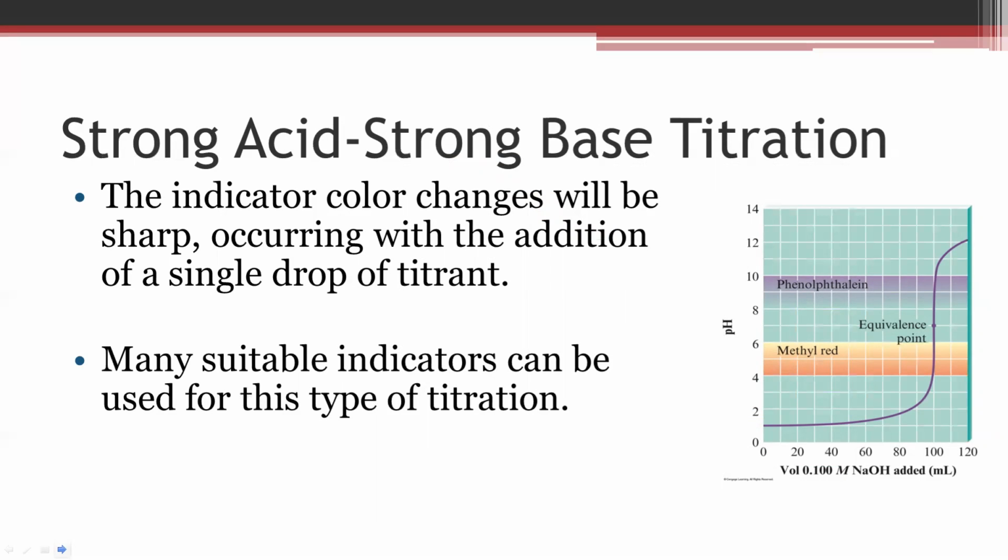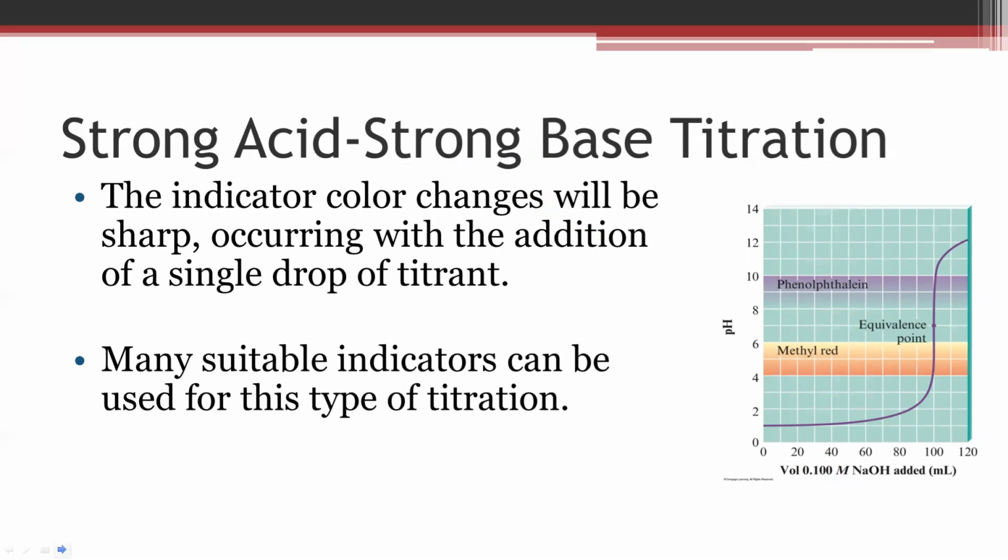So with a strong acid, strong base titration, we know that it's a very, very steep section of the curve when you approach the equivalence point, because it's going to happen so fast and so drastically that it could happen with a change of a single drop.